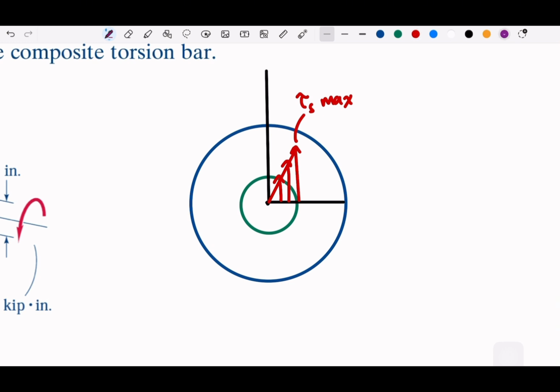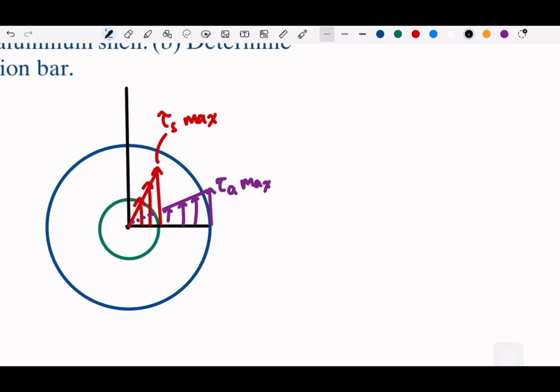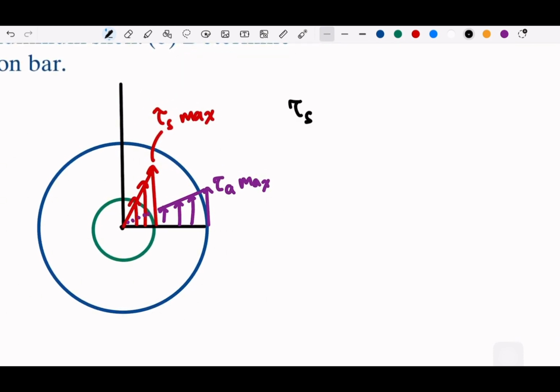And here, perhaps the aluminum may be at that point. So let's say this is the aluminum tau max, okay? Since we only care about the maximum, we are going to concentrate on each one of the radii.